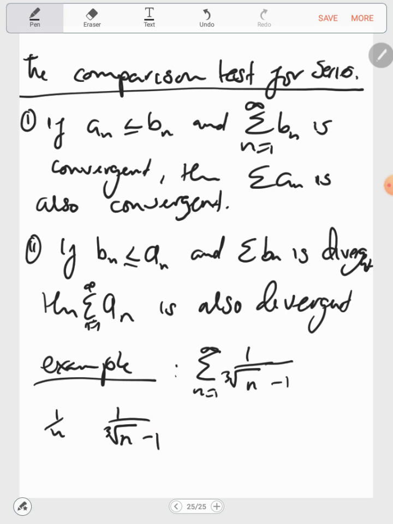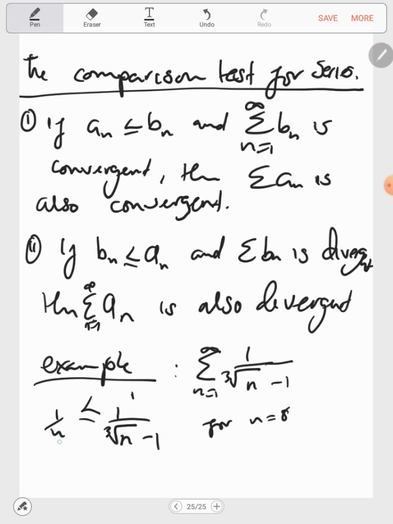If we take n equals 8, the cube root of 8 is 2, minus 1 gives 1, so here we have 1, and here we have 1 over 8. So this function is bigger, and the unknown function is the smaller one.